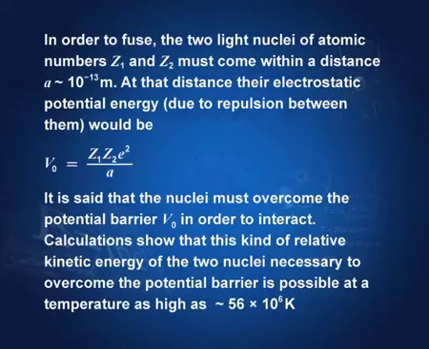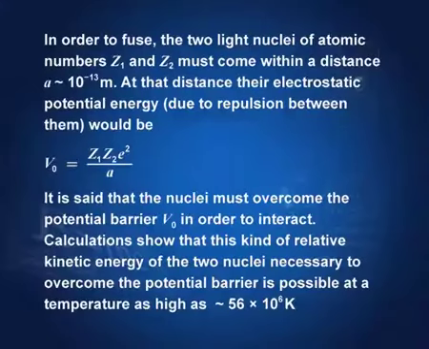That is the kind of repulsion they feel, and they must overcome this potential barrier to combine. They were here at a distance of 10 to the power minus 13 meters. For further reduction in distance, they must overcome this potential barrier, that is the electrostatic potential energy at a distance of a.